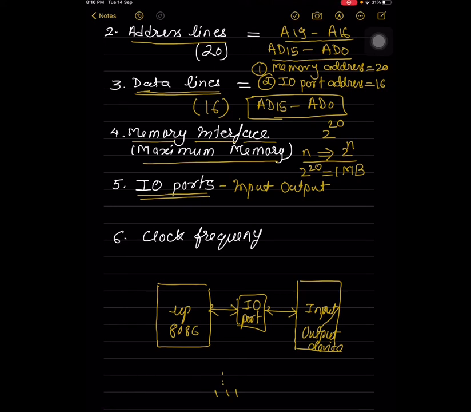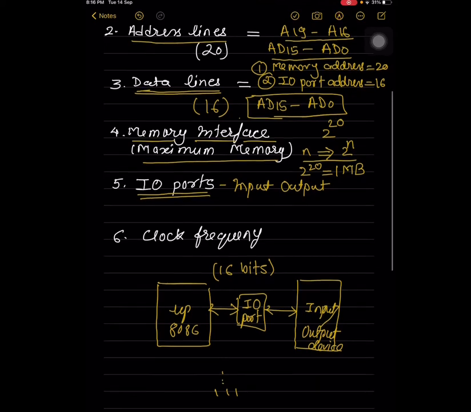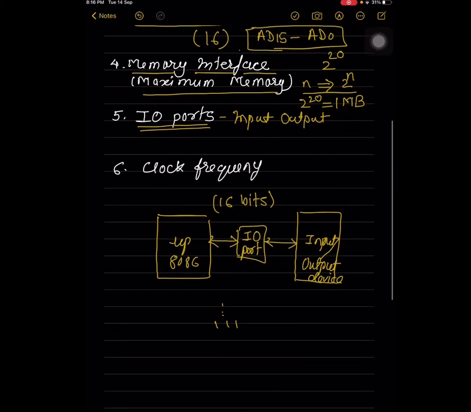In microprocessor 8086, the address for input output ports is 16 bits. That means one IO port, if connected with the microprocessor, will be assigned a 16-bit address. Using this 16-bit address, the maximum IO ports that can be connected with the 8086 microprocessor is 2 raised to power 16, which is equal to 64 KB, which is equivalent to 65,536.